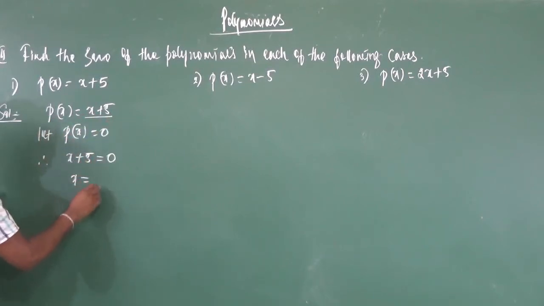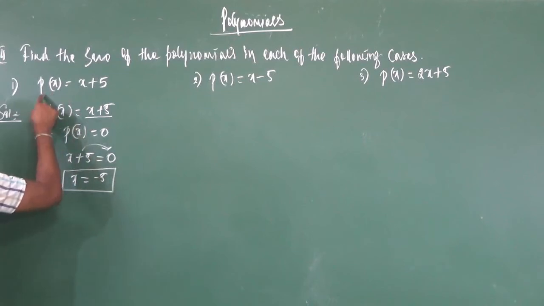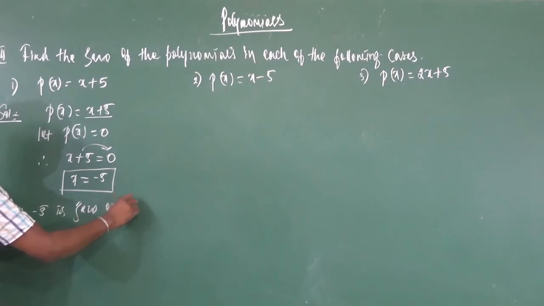So x is equal to, plus 5 goes to the RHS, that is transposes, so it becomes minus 5. So minus 5 is the 0 of this polynomial. If you want, you can check it. Put this minus 5 in the place of x. Minus 5 plus 5 cancels, it is 0. Got it? Nice. So therefore, minus 5 is 0 of P of x.